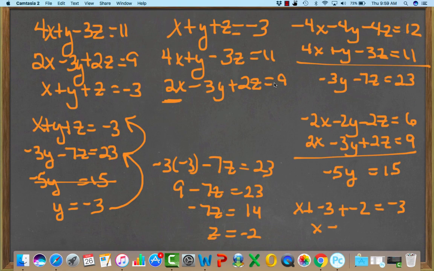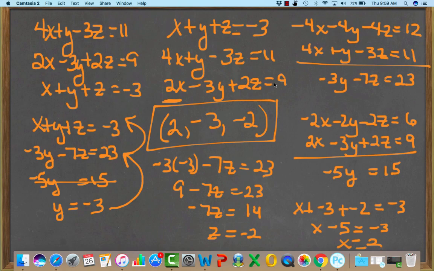So we actually have x minus 5 equals negative 3, which makes x equal to 2. And now I know my ordered triple, that's my solution. So x is 2, y was negative 3, and z was negative 2. So there is the solution to that system of equations.